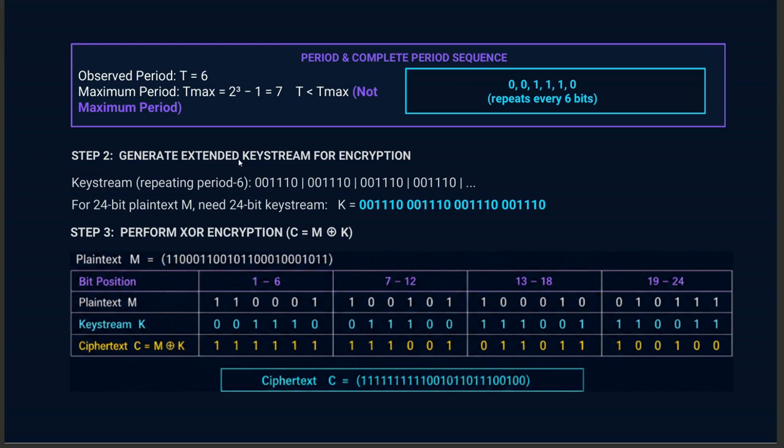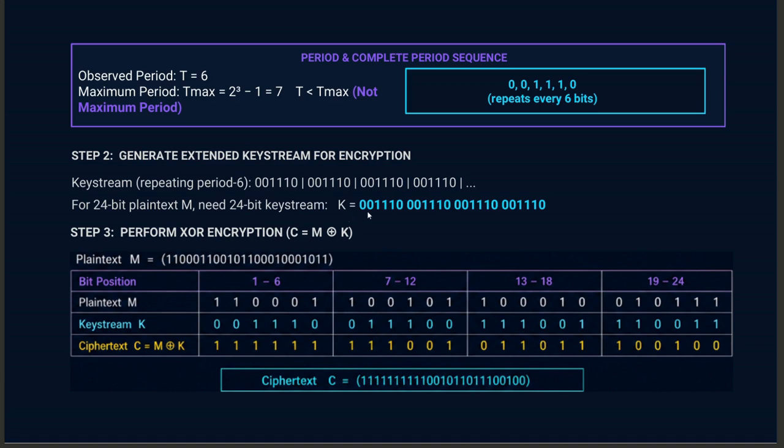Now let us use this LFSR as the keystream cipher generator. The repeating sequence is 001110. To encrypt a 24-bit plaintext, we need a 24-bit keystream. So we repeat the pattern: 001110, 001110, 001110, 001110.